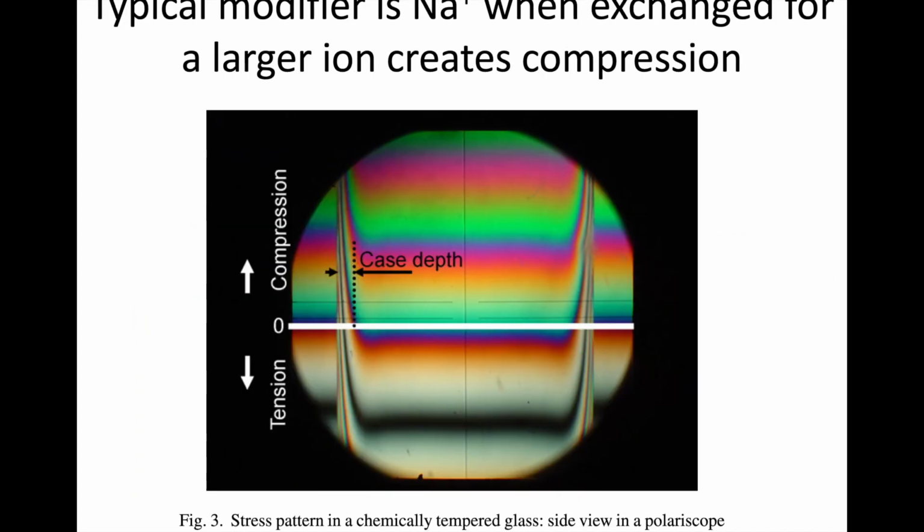All right, so the result of this exchange of modifiers for larger ions again creates the compression, and this basically shows it. This is an optical image using some polarizers, so basically a fancy setup to show you compression.